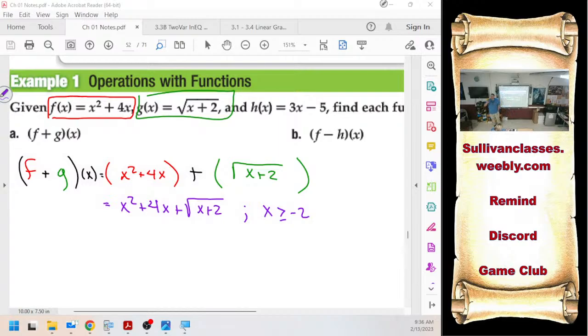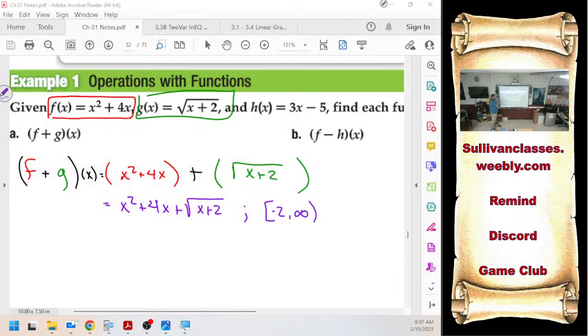If it said state the restrictions, you can get away with that. But if it says state the domain, you have to use set builder or interval notation. Okay? So this says and its domain. So I will actually write from negative 2 to infinity.